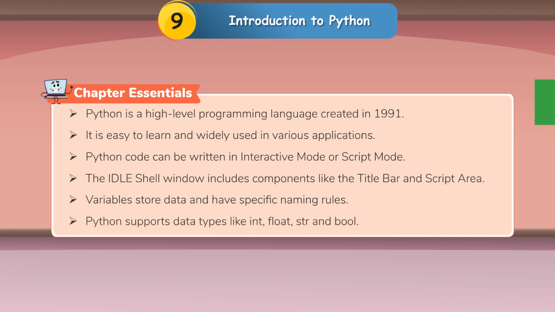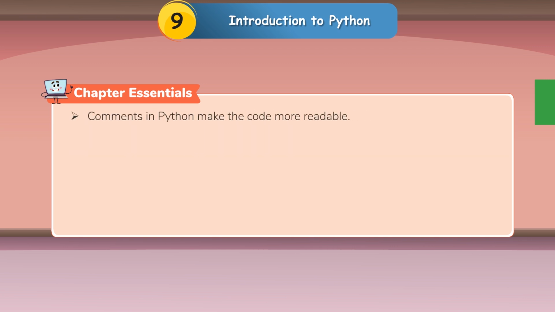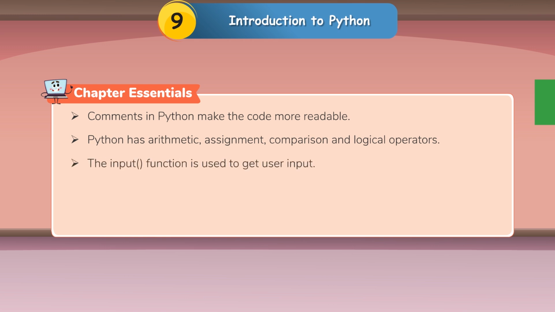Python supports data types like int, float, str, and bool. Comments in Python make the code more readable. Python has arithmetic, assignment, comparison, and logical operators. The input function is used to get user input. Basic programs include addition, area calculation, and temperature conversion.